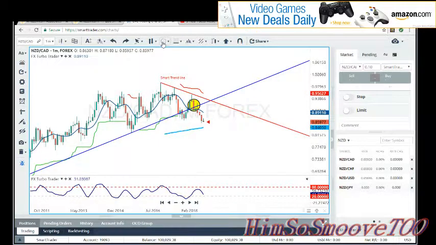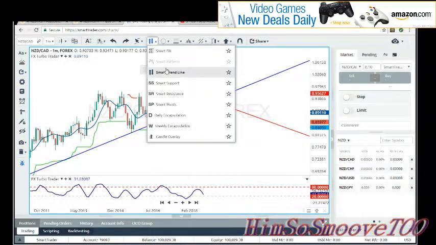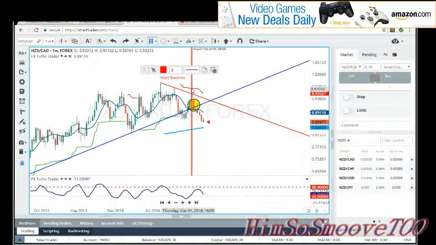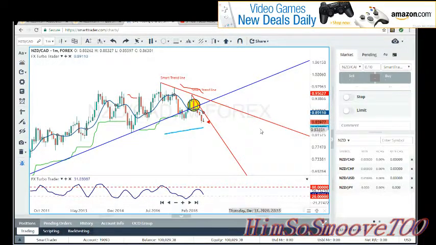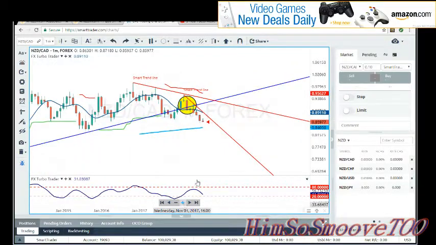That's an outer trend line. We may have an inner trend line. Let's see. Oh, nope, don't think we have one. Oh, yeah, actually we do. There it is. All right, we have an outer trend line and we have an inner trend line.